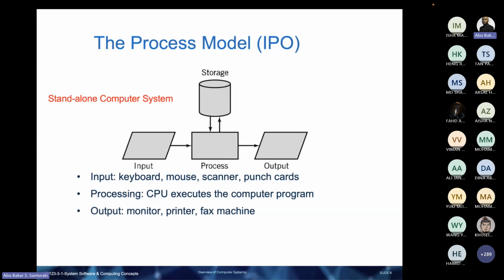Then, when you look at the output devices, they basically allow the computer to convert back the instructions, or rather the results, and provide it to a human being in a manner that the human being can accept. And then for the storage can be different types of mediums.